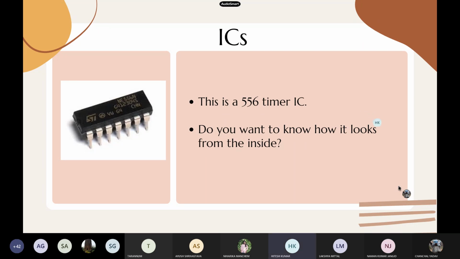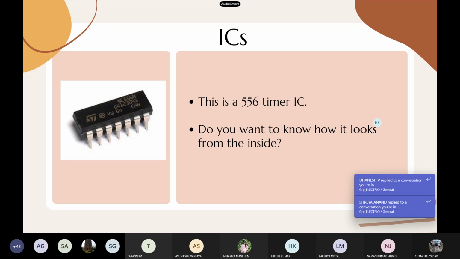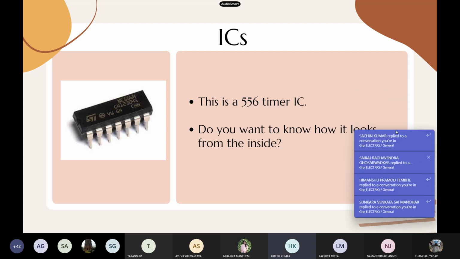Do you want to know how it looks from inside? So here is a picture for you. I have a picture for you.